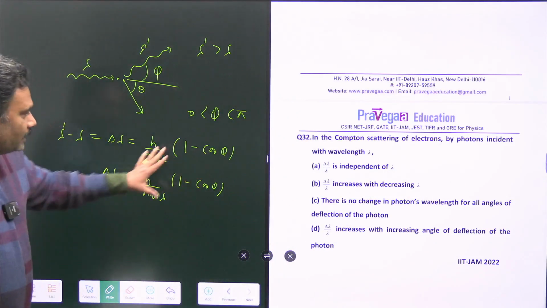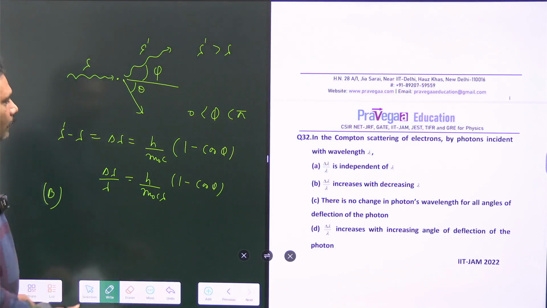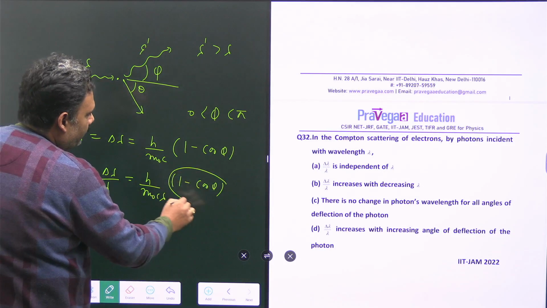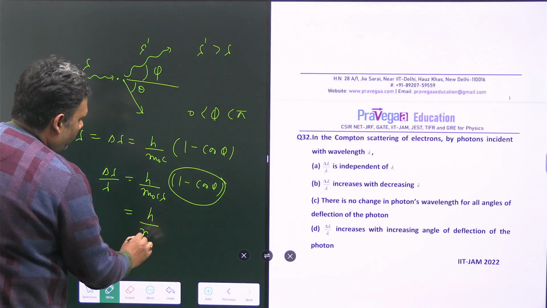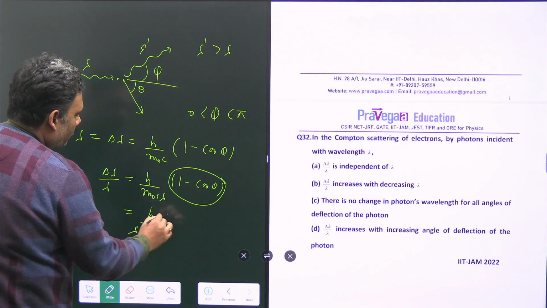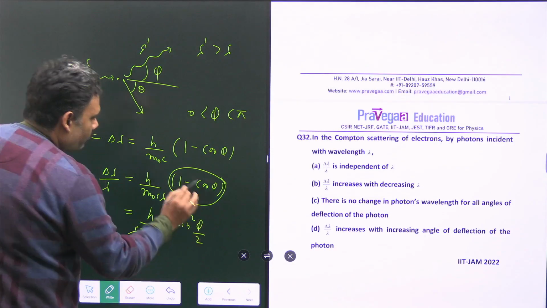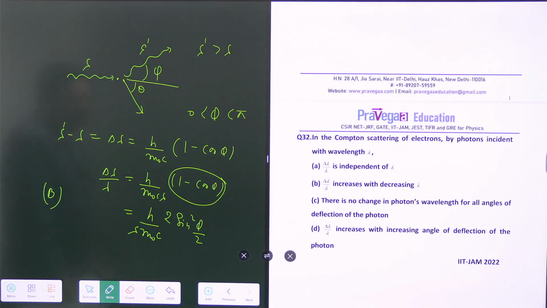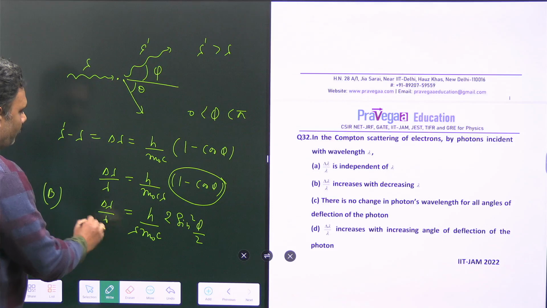From this expression it is very difficult to choose the correct answer. So we will write this expression as h upon m naught c lambda times 2 sine square of phi by 2. Here is the catch. Now we can easily talk about delta lambda upon lambda.